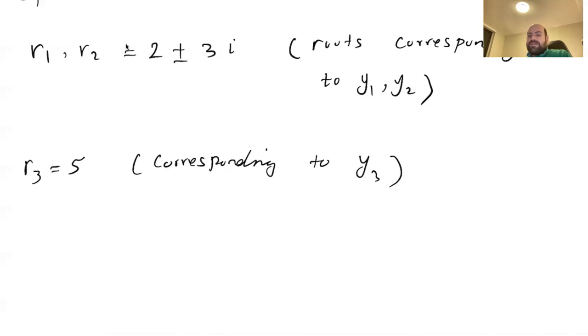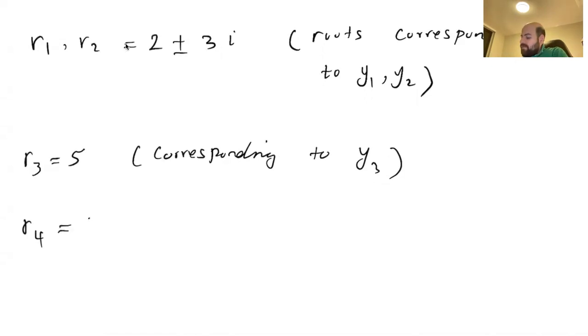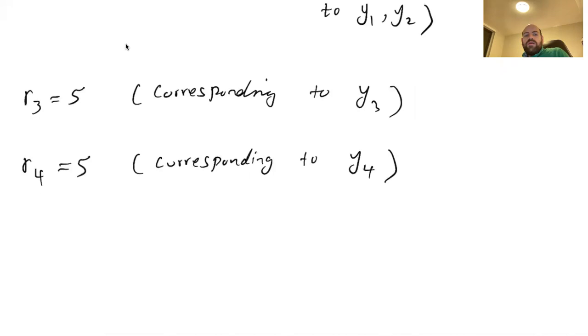If we also had, for example, x squared e to power 5x as another solution, then that would mean the multiplicity is 3. But right now, the highest power of x is 1. So multiplicity is 2 here. So r4 is also 5, corresponding to y4. And finally, y5 is e to power 6x. So I must have a simple real root corresponding to this solution, which is r5 equals 6.